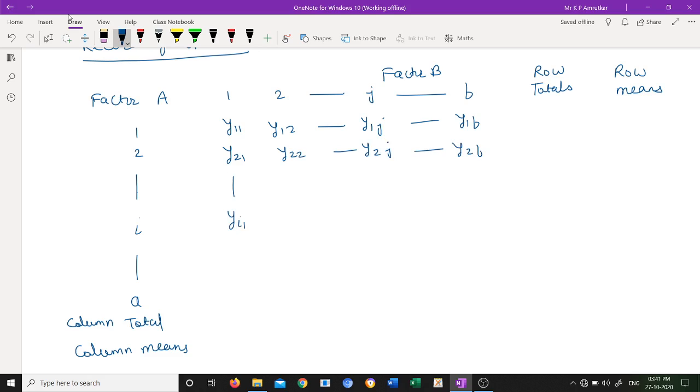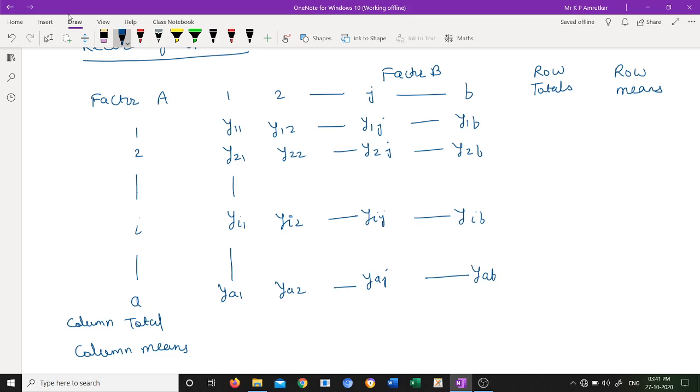This is Yi1, Yi2, this is Yij and this is YiB. This observation will be YA1, YA2, YAj and this will be YAB.